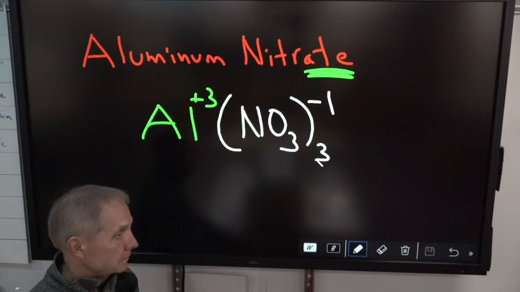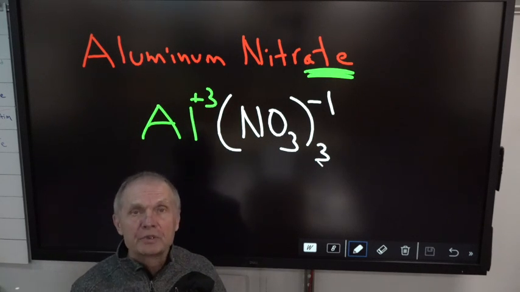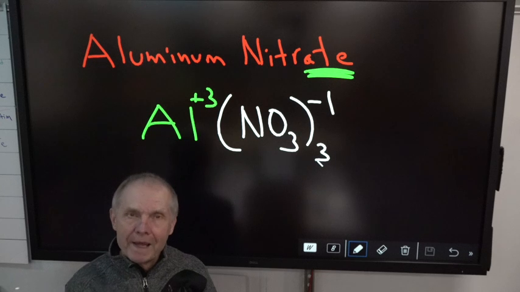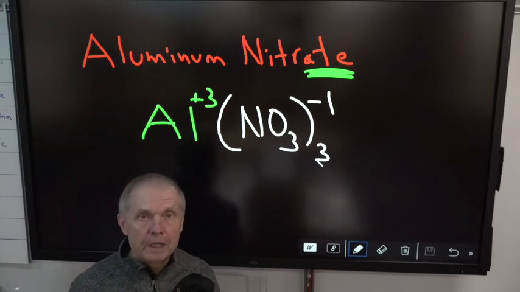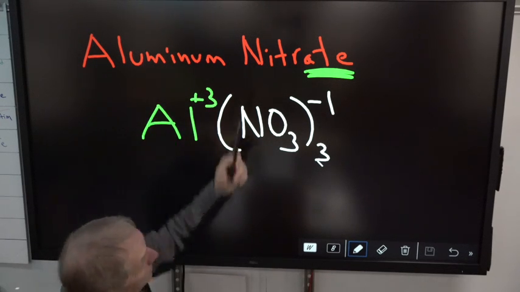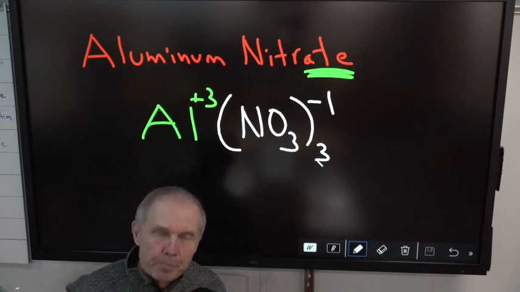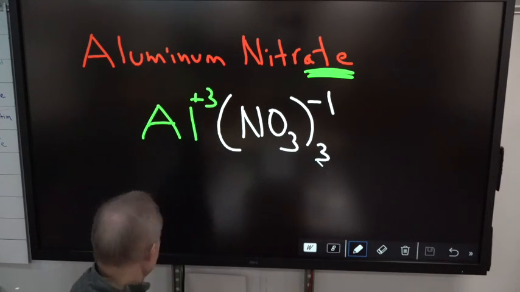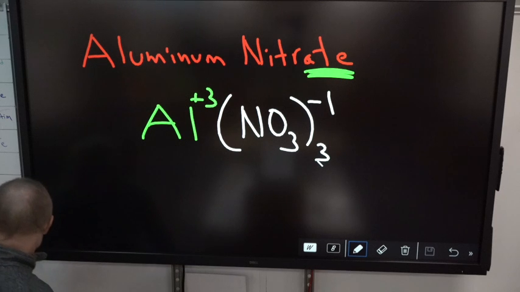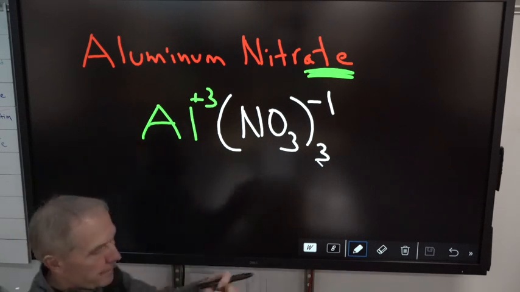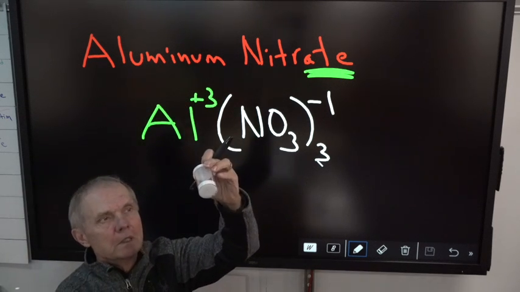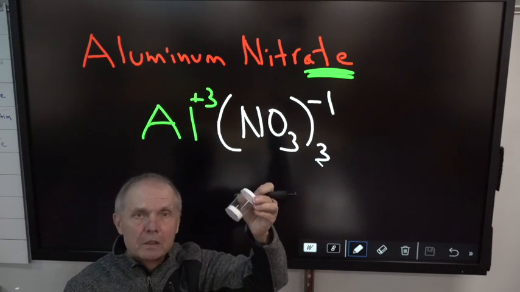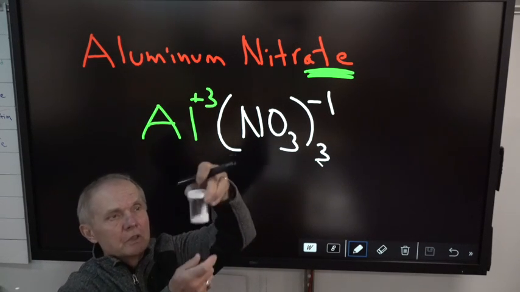Okay, so now we've gone over 2 types of ionic compounds. Metal to nonmetal, which is called a binary compound, and then metal to polyatomic ion. They're both ionic compounds, and if the ionic compound doesn't contain a transition metal, chances are it's going to look like salt.